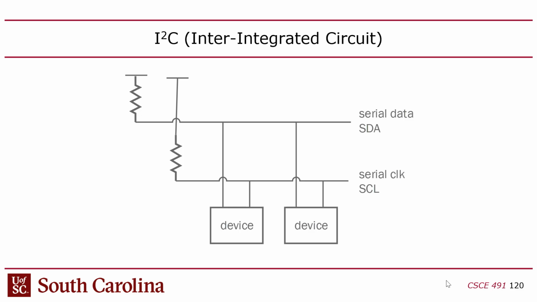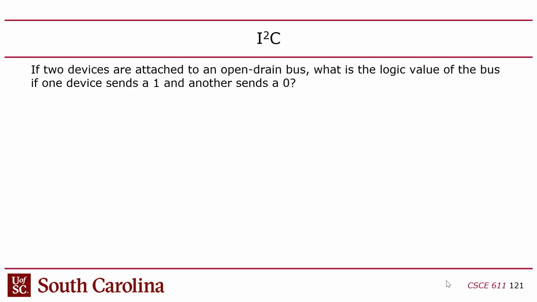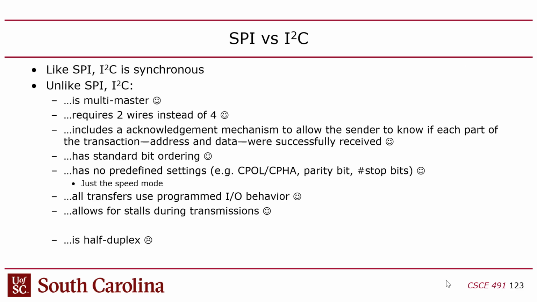Now that doesn't mean that you can only send data one direction. You can still send data in 2 directions, but both directions get multiplexed on that one data wire. So only one at a time, right? Only one host can talk at a time. Okay, so I think I mentioned all that. I2C is multi-master, requires 2 wires instead of 4.